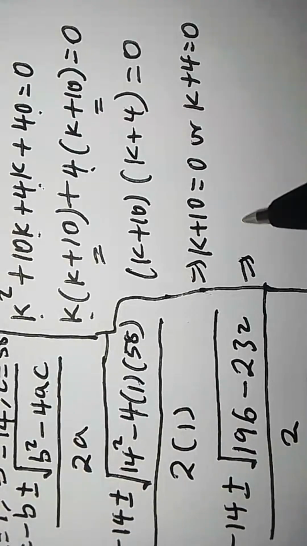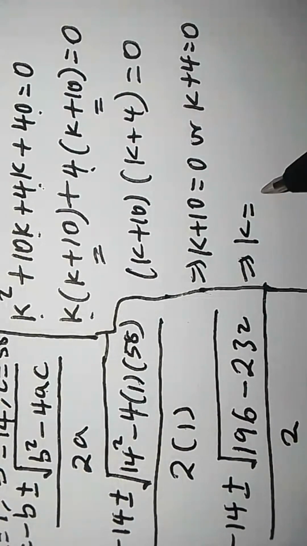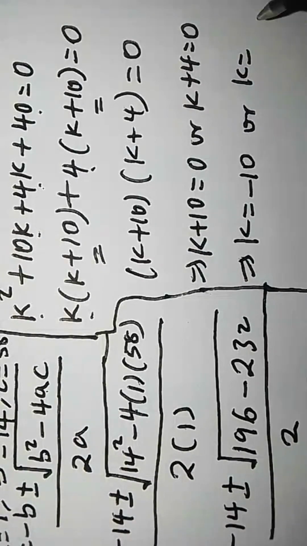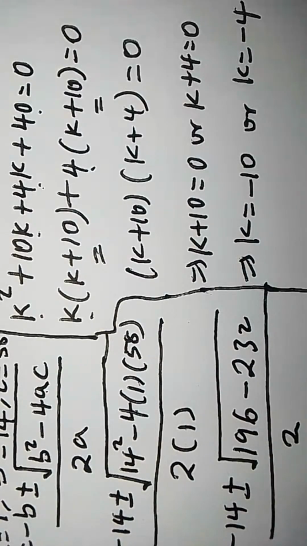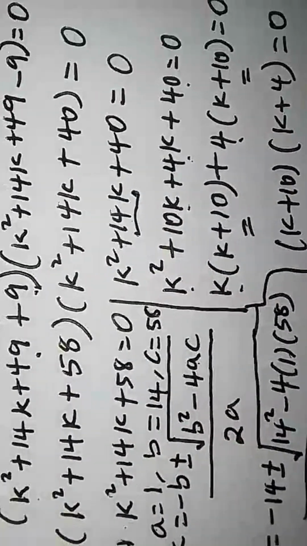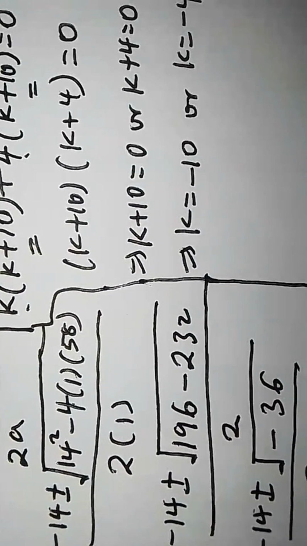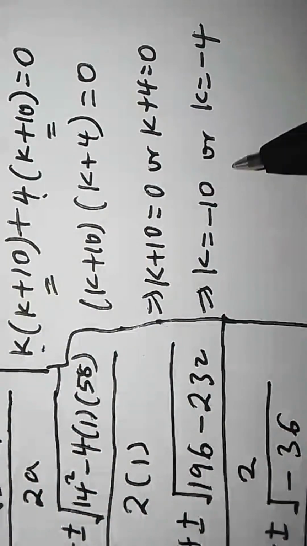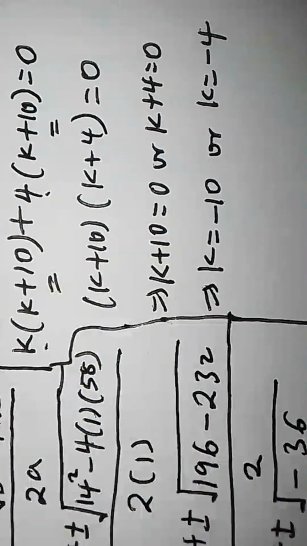This means that k equals minus 10 or k equals minus 4. You will see that while solving this particular quadratic equation, we have two real solutions, which are k equals minus 10 and minus 4.